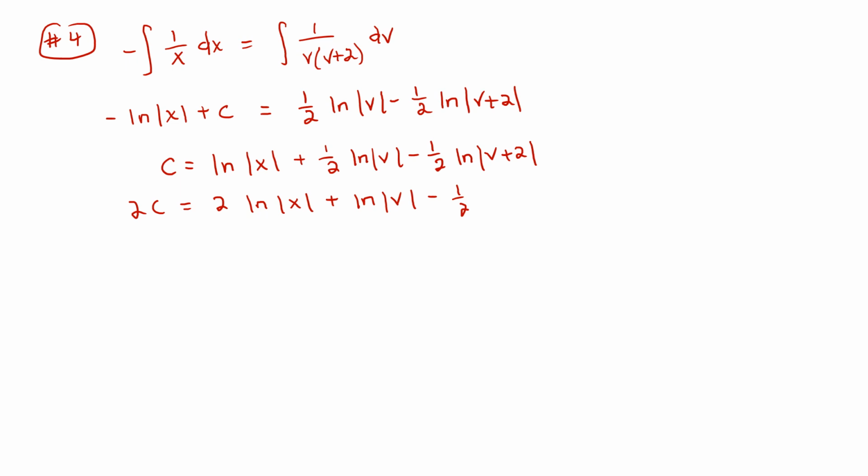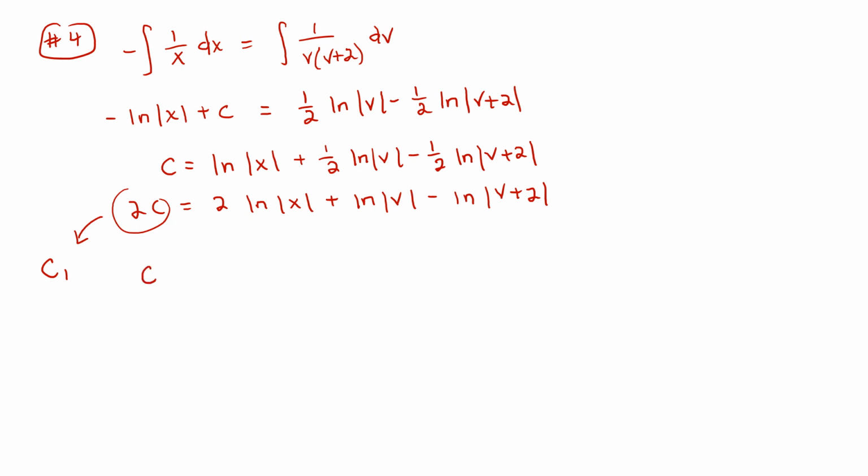So I have natural log (v plus 2). Okay. And so this 2c, since it represents our constant, I'm just going to convert to c subscript 1. All right, because it's still going to be my constant, regardless of whether I'm multiplying it by 2 or not.